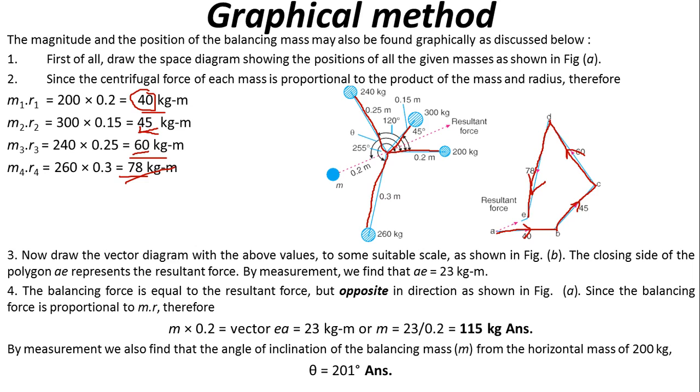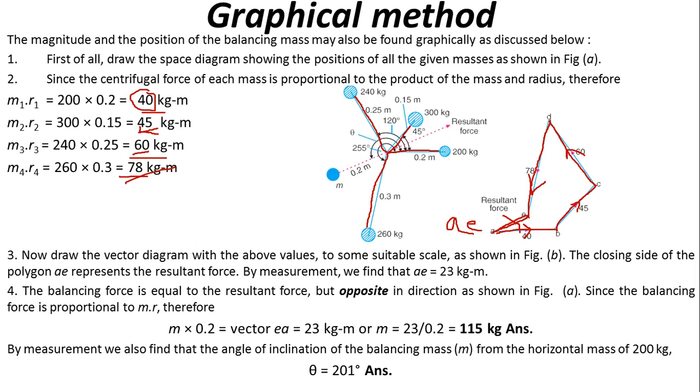Once you get all of these, 40, 45, 60, 78, the last one, whatever is left out from the origin, will be the resultant force. Once you get the closing side of this polygon, you measure the value of AE. This AE will be the resultant centrifugal force.